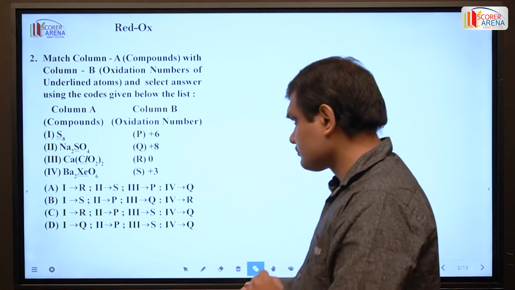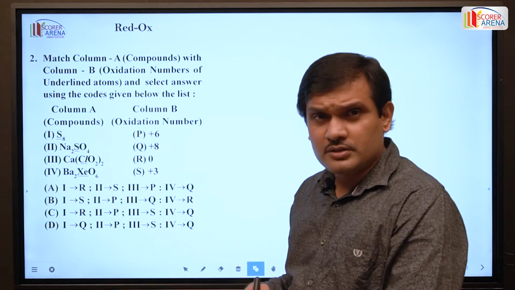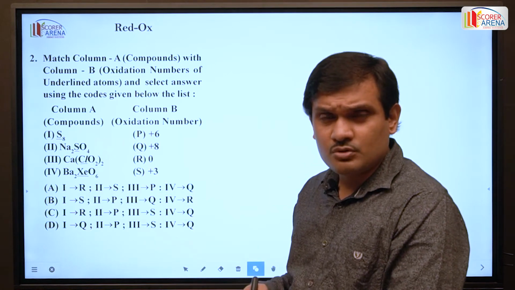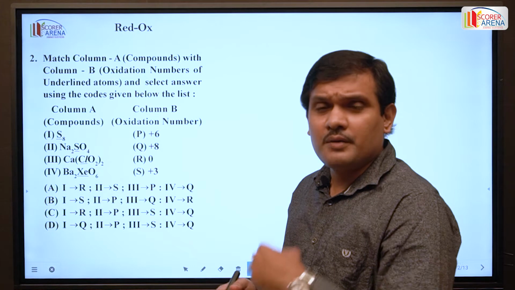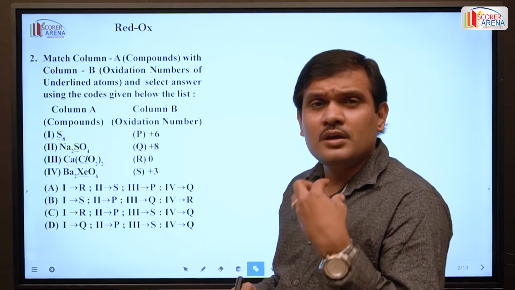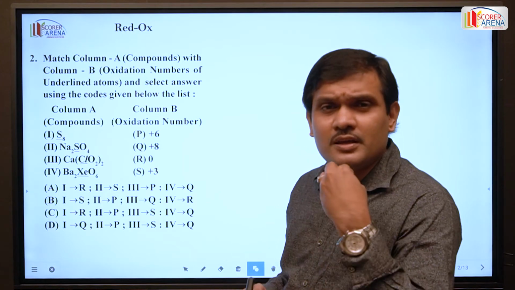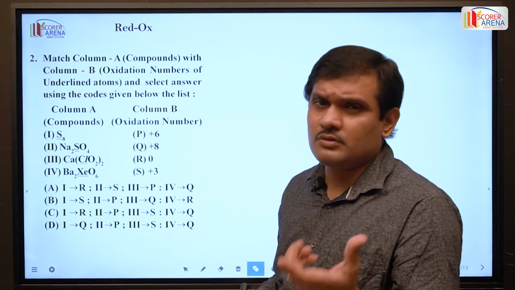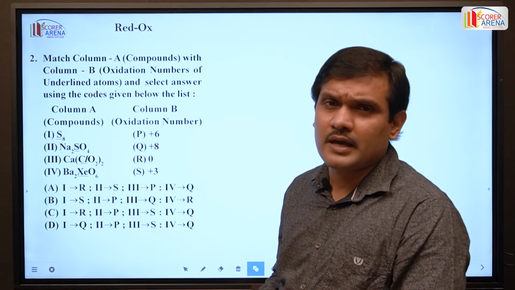So here, the first case is elemental sulfur. For any element in free state, the oxidation number will be taken as 0.